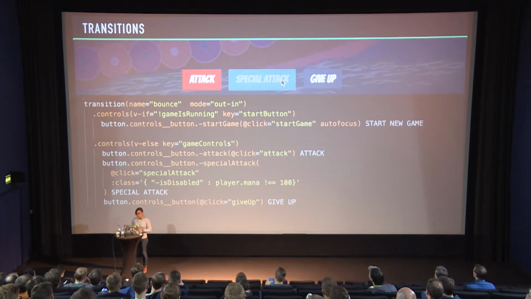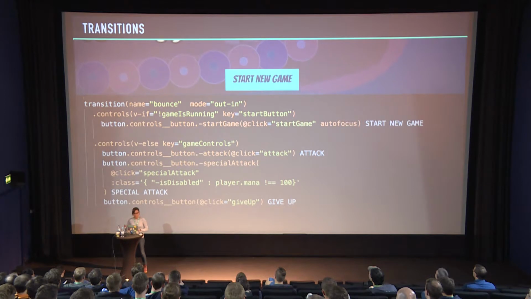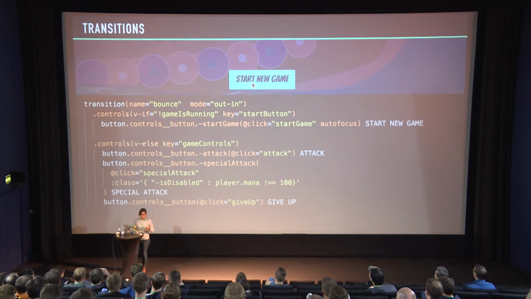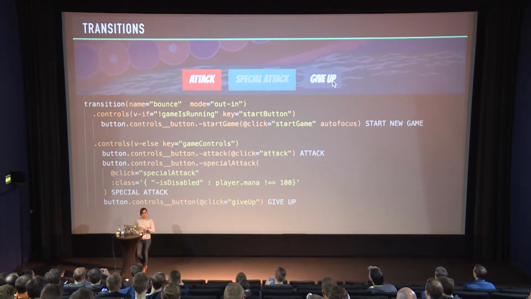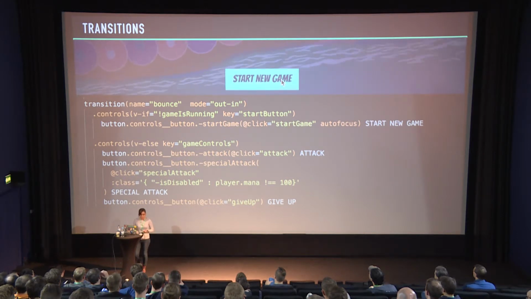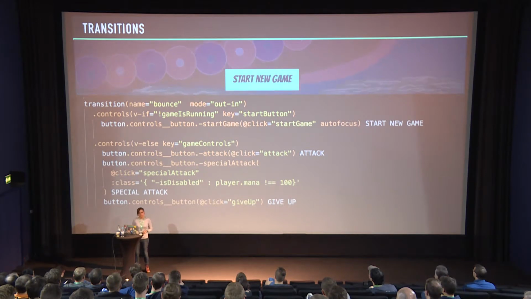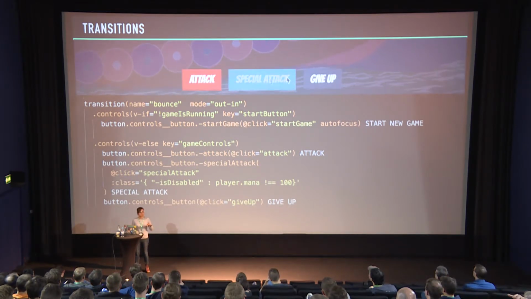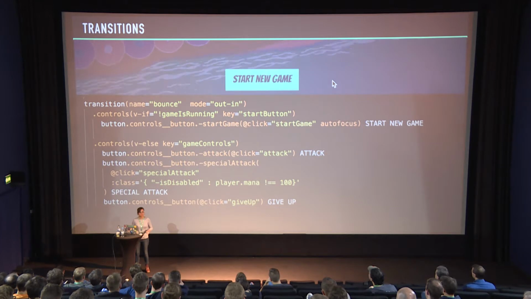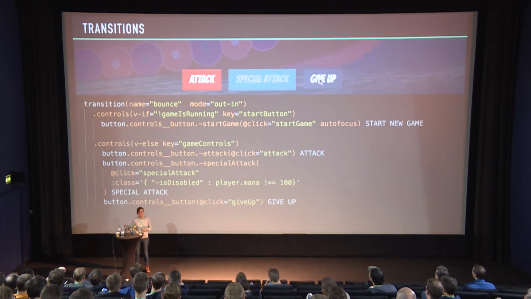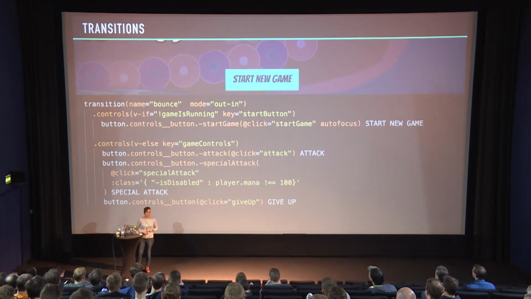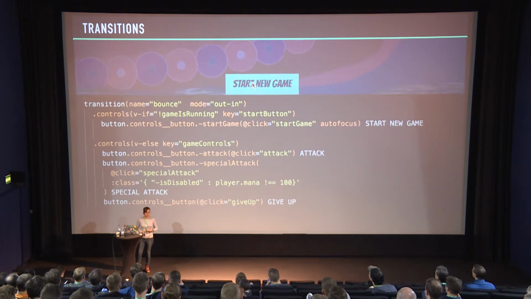And you have access to these events automatically for whatever element is being inserted or removed from the DOM. In this case, inside of the transition tag, I have a v-if and a v-else that are changing what buttons I'm going to display on the screen, either to start a new game or, when the game is running, the actual buttons to attack and interact with the game.